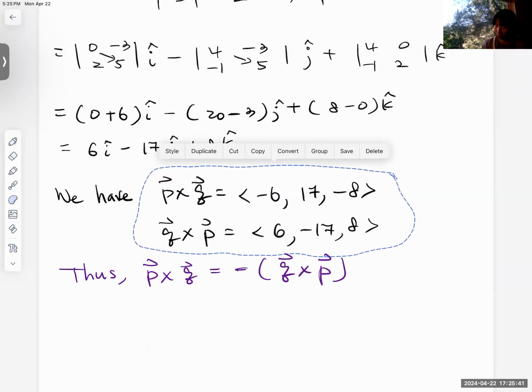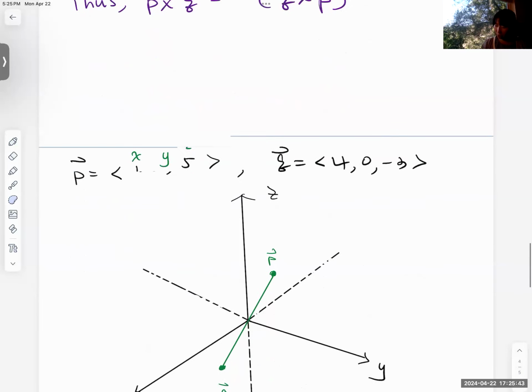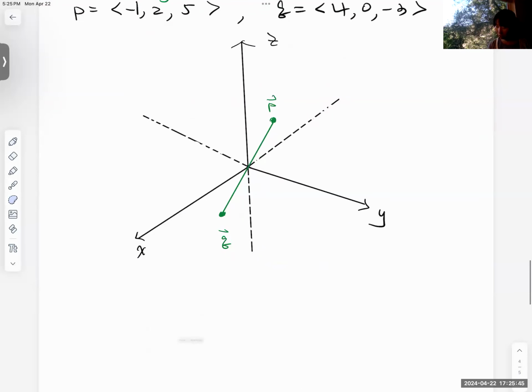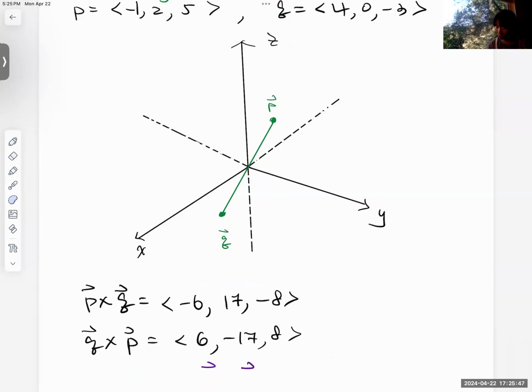Cross product of P and Q and cross product of Q and P. Oh, the number is too big. Okay, so the cross product of P and Q, let me just use the pen.